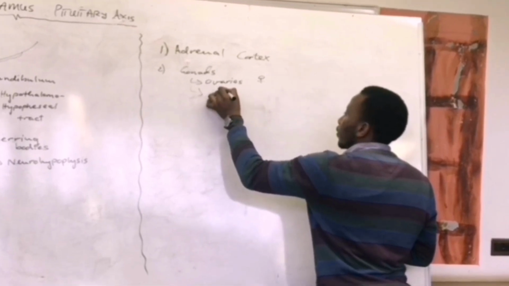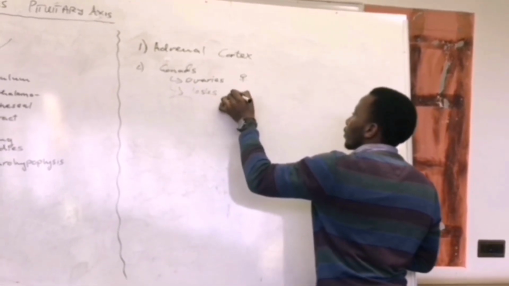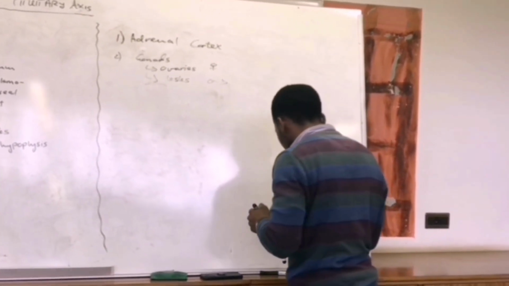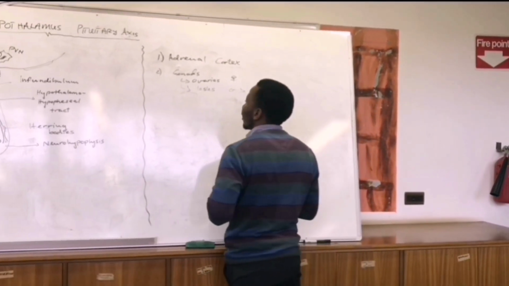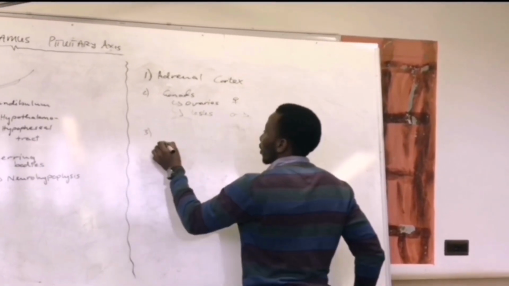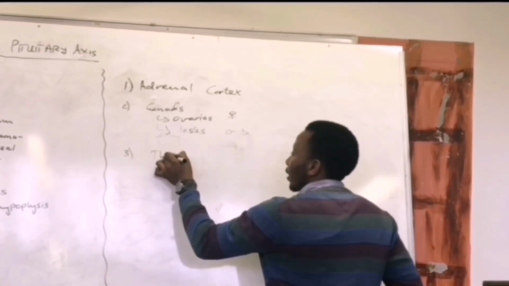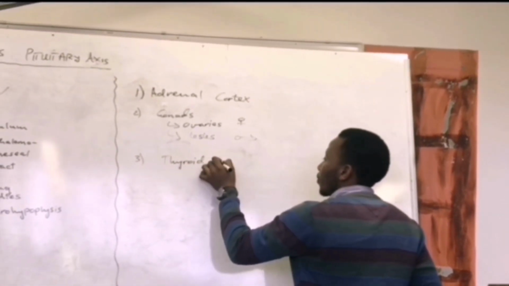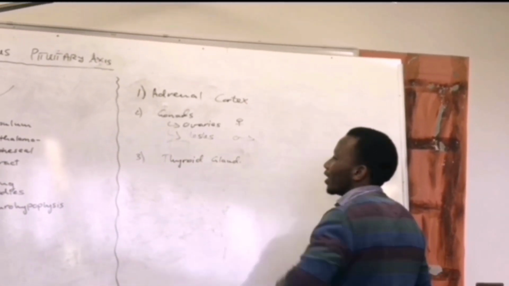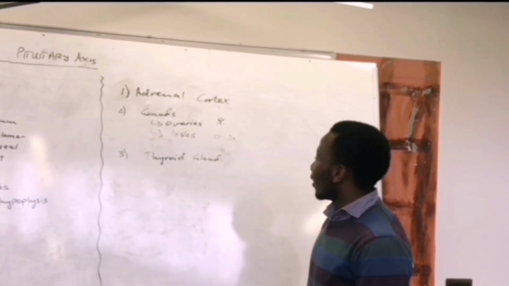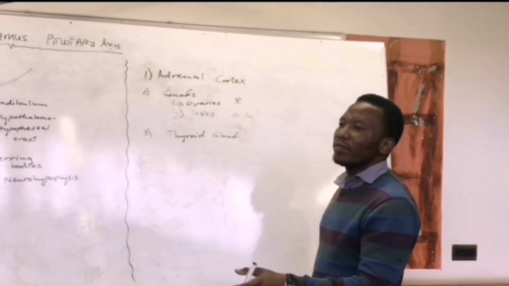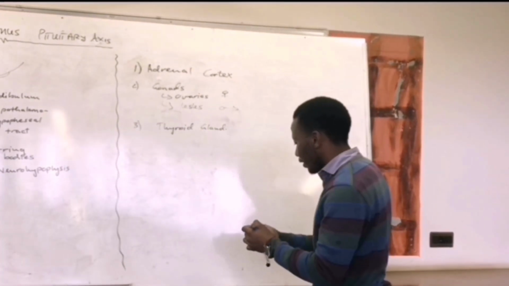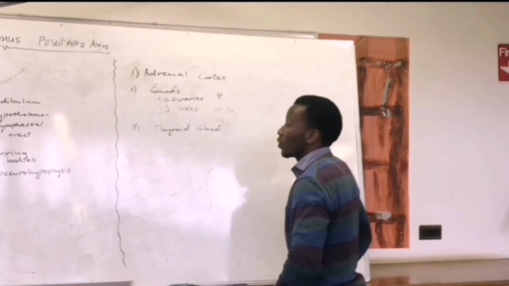The third one, we call it your thyroid gland, alright? The other hormones released by the hypothalamus don't really have a target gland. They will just affect their functions on different cells, okay?